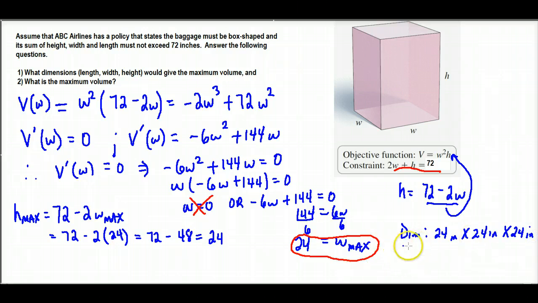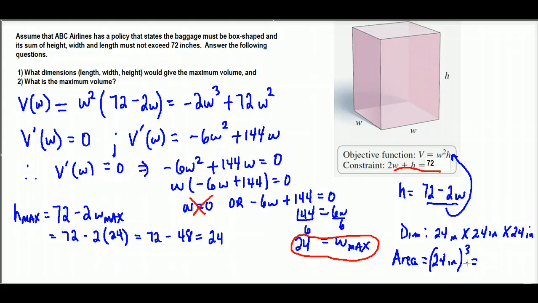And so of course, with the dimensions being 24 inches by 24 inches by 24 inches, the volume is going to be all this multiplied. We could stick it back into this formula here, but it'll still end up giving us the same thing. So it'll be 24 inches and all that cubed.